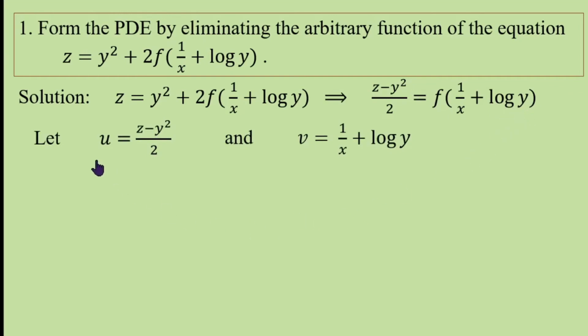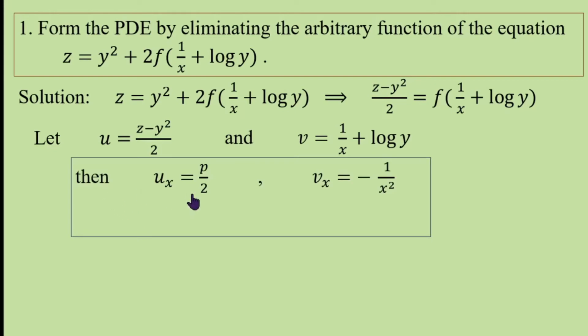Now the required PDE is the partial derivative of u with respect to x into the partial derivative of v with respect to y, equal to the partial derivative of u with respect to y into the partial derivative of v with respect to x. Now when you differentiate partially with respect to x, ux becomes p by 2, because dou z by dou x is p, and the derivative of y square with respect to x is 0, because we treat y as constant. So ux is p by 2. The derivative of 1 by x is minus 1 by x square, and hence vx is minus 1 by x square.